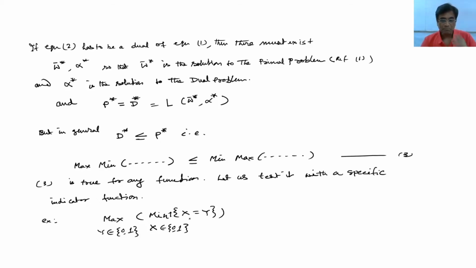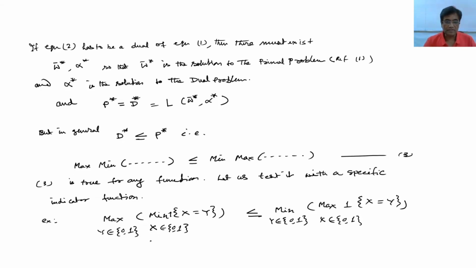That means if x equals y, then the indicator function will be 1. And then that is less than or equal to, we are testing whether what I am writing is true or false, min of max of the indicator x equals y.